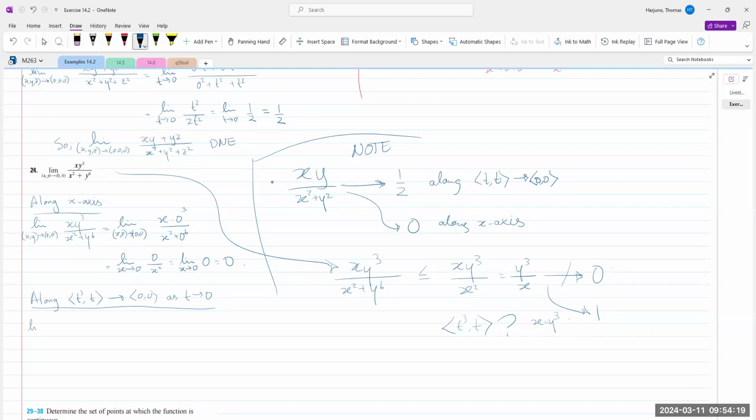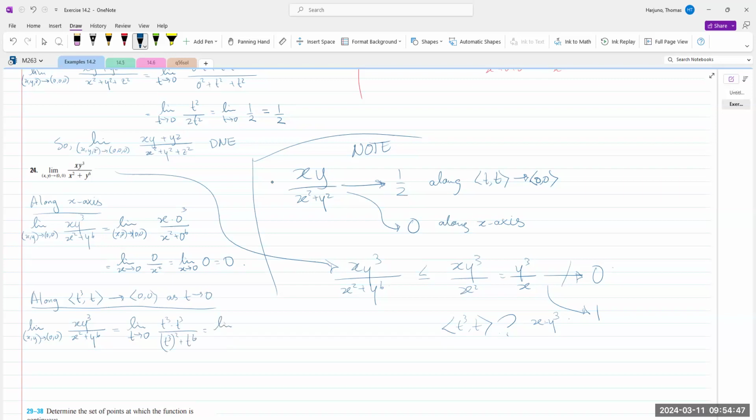Okay, so the limit as (x, y) goes to (0, 0) of xy cubed over x squared plus y to the 6 equals the limit as t goes to 0, with x replaced by t cubed and y replaced by t, of t to the 6 over t cubed squared plus t to the 6.